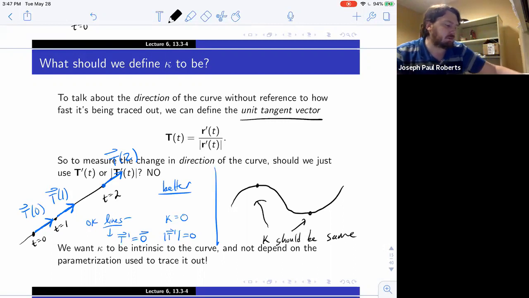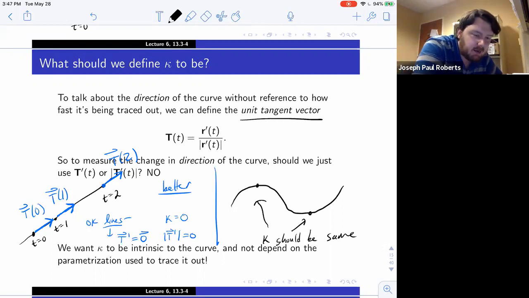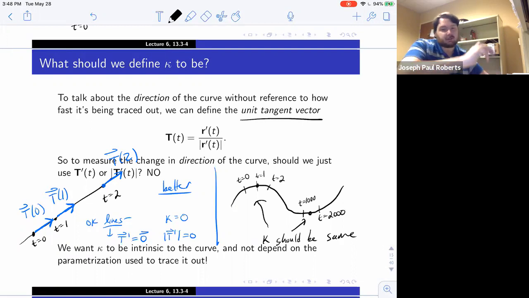The problem is that T prime of t is the derivative of T with respect to time. So maybe this point is t equals 0, say this is t equals 1, and this is t equals 2. But then let's say it really slows down so that this is t equals 1,000, and this is t equals 2,000. So it's really screeching to a halt.